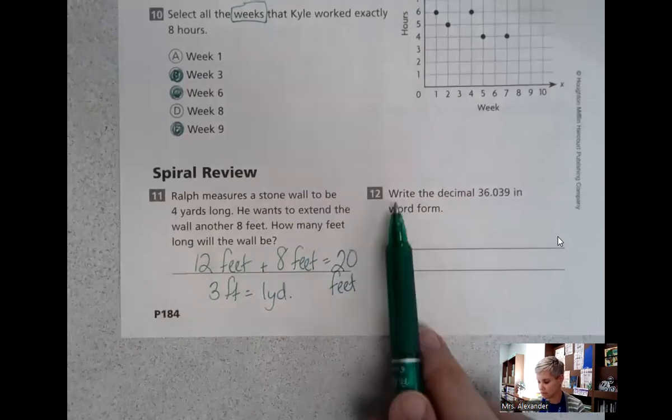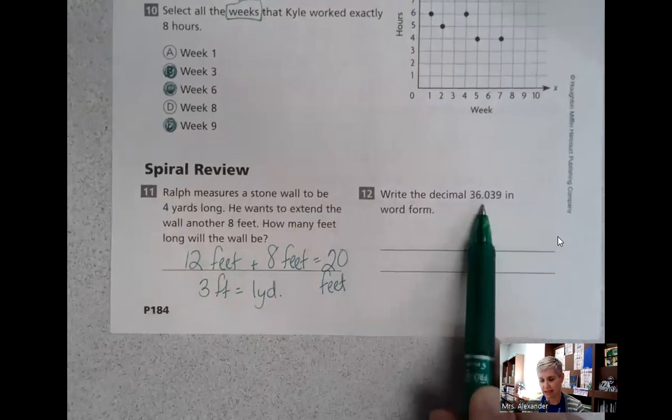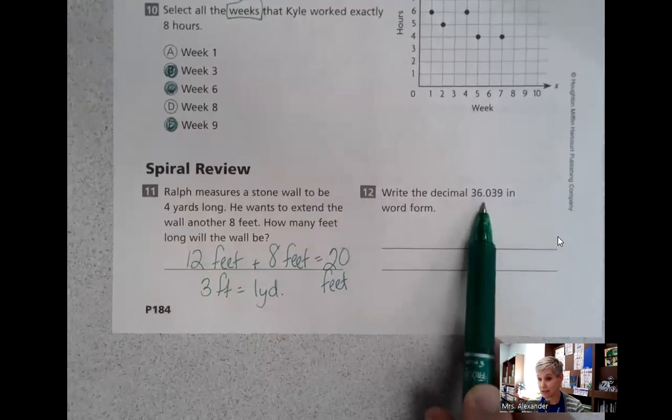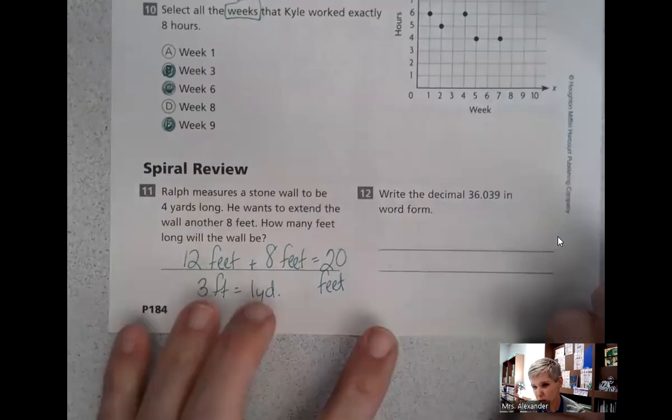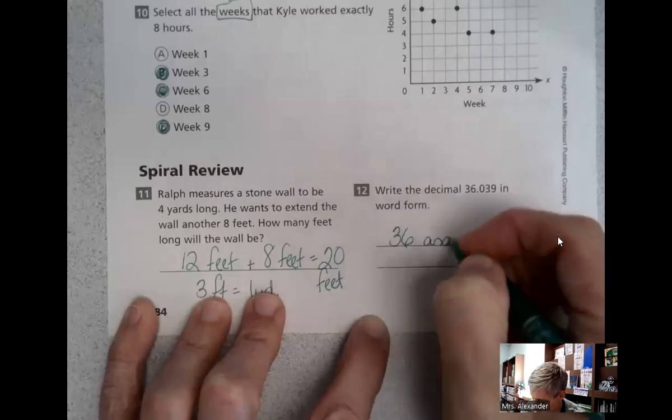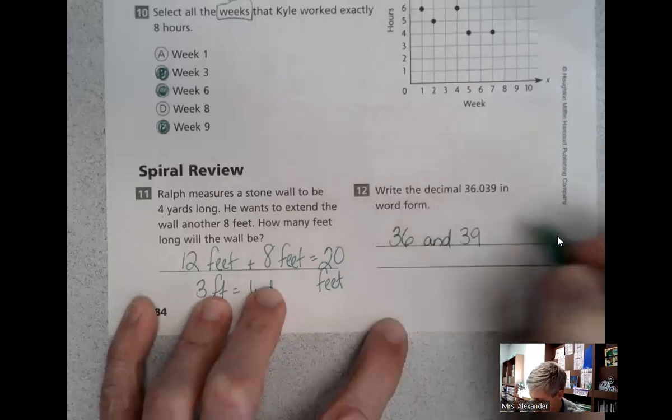Write the decimal in word form. Let's say this. Can you read this one? 36 and 39 thousandths. Let's do short word form. 36 and 39 thousandths.